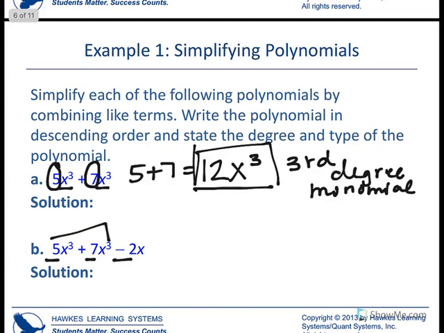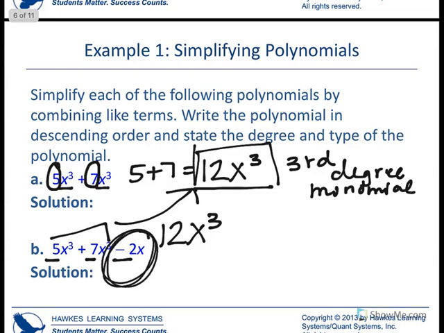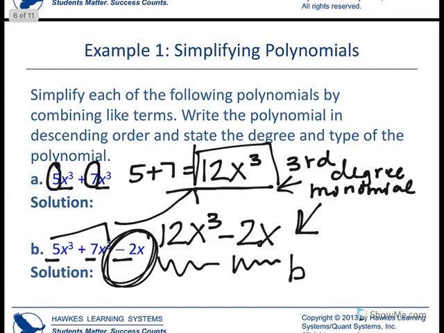So we already did that up here, and the 2 terms that we can combine are going to end up with 12x to the third power. We can't combine this one because there's nothing alike to combine it with. The highest degree is 3, so it's still a third degree, because this one has a degree of 1, but we don't need to put that. But this time it's not a monomial because there's 2. It's called a binomial.